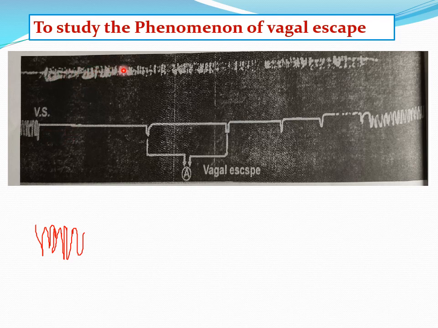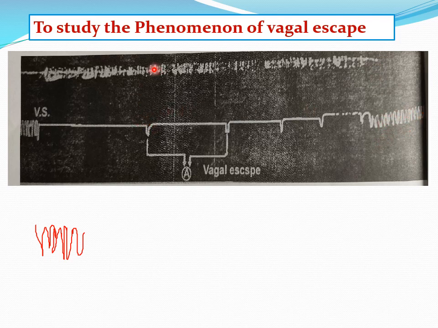The upper side of this graph indicates the electrical events of the heart, recorded with the help of an electrode. We started the vagal stimulation from this point, and stopped here. When we stop the vagal stimulation, normal beating comes again.